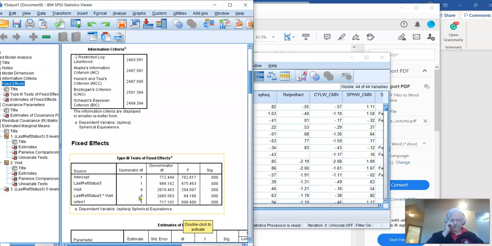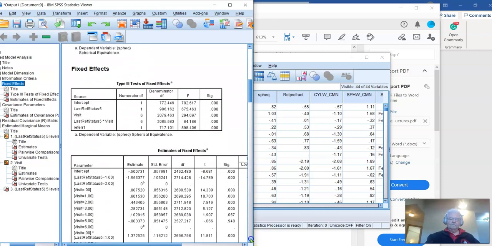So the difference between emmetropes and myopes varies based on visit. And then finally there's the covariate, refractive error at age 1, which is significant, meaning that people were different at the beginning. There is a relationship, and it's useful to have that in there.